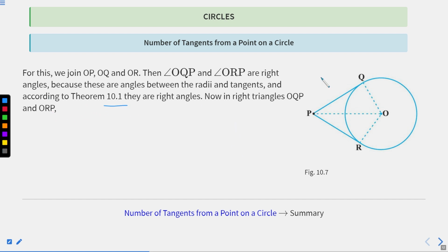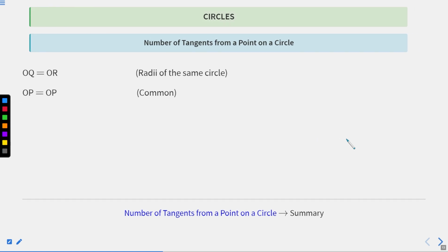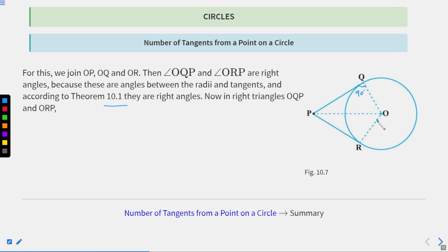Now in right triangles OQP and ORP, this angle is 90 degrees, so these are right angle triangles. Here OQ is equal to OR because they are radii of the same circle.